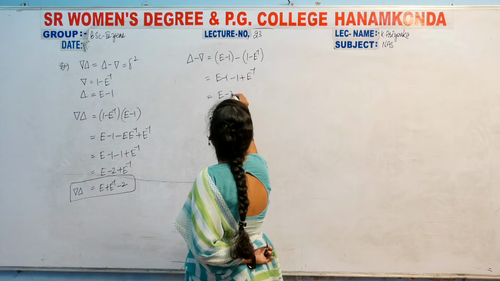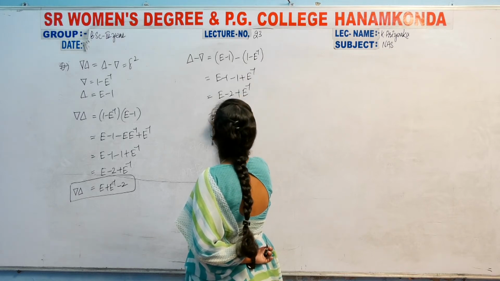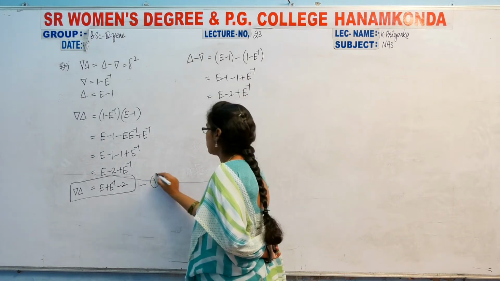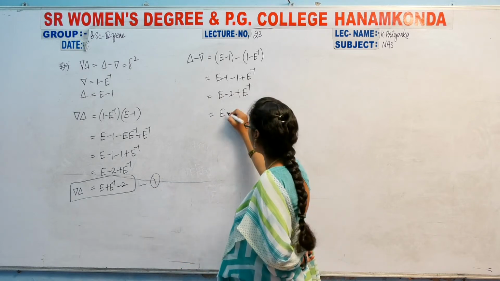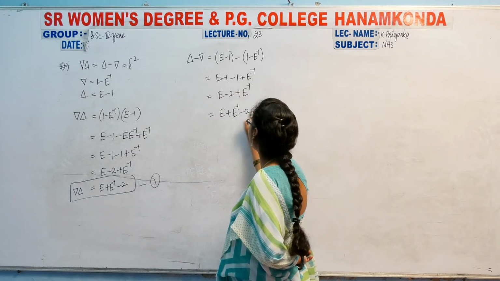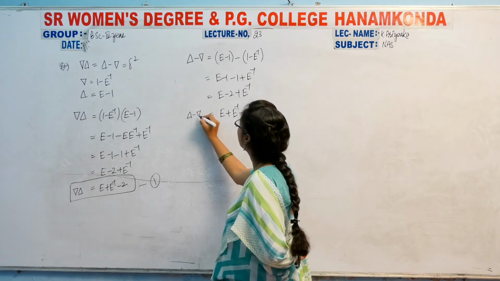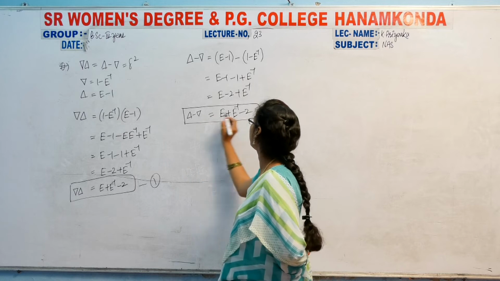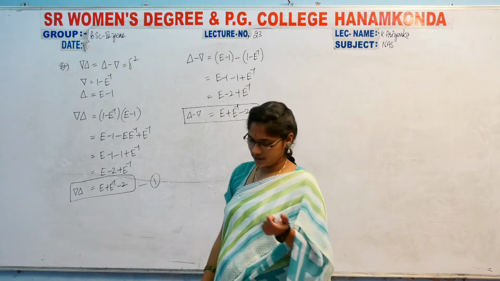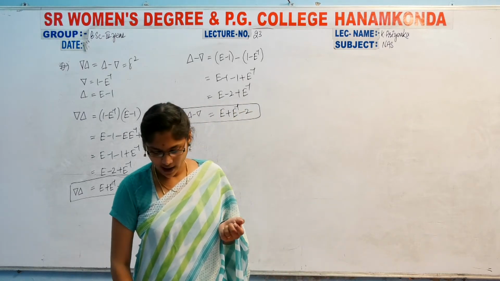Now E minus 2 plus E inverse. Take it as equation number 1 simply. Okay. Now E plus E inverse minus 2. This is nothing but del, forward minus backward operator. So the differences. And now here we have the two results.